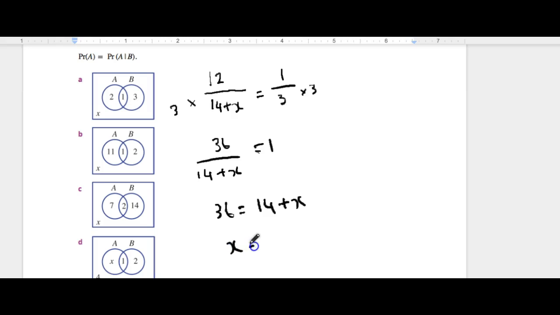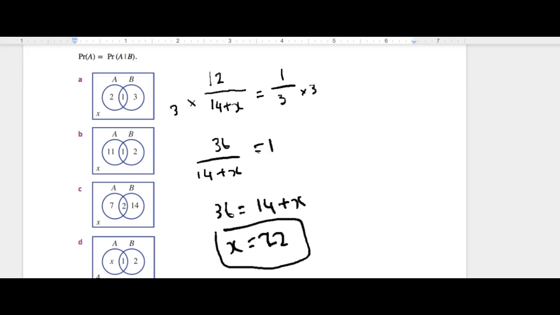And then x is equal to 36 take away 14, which is 12. And then let's just put 12 up there. So that gives us 36. No, it gives us 26. 22, sorry. 22 and 14 gives us 36. Good. So x is equal to 22.